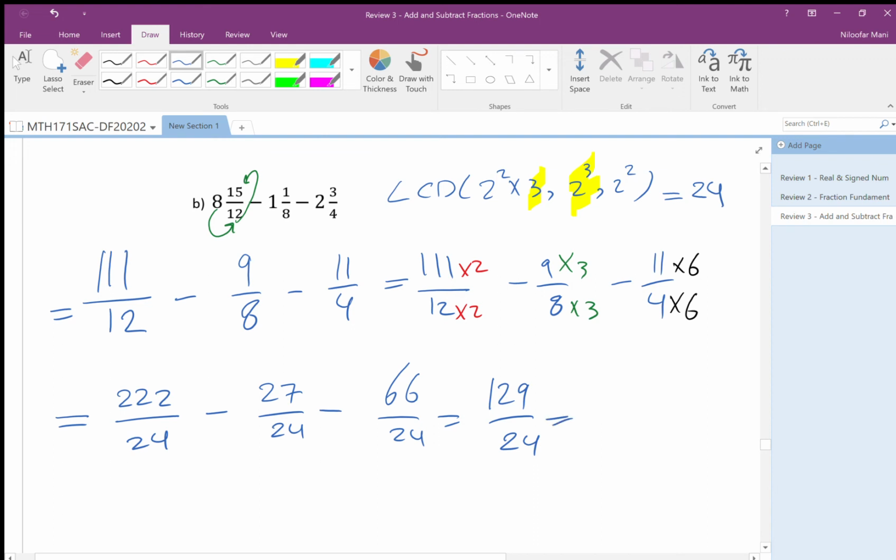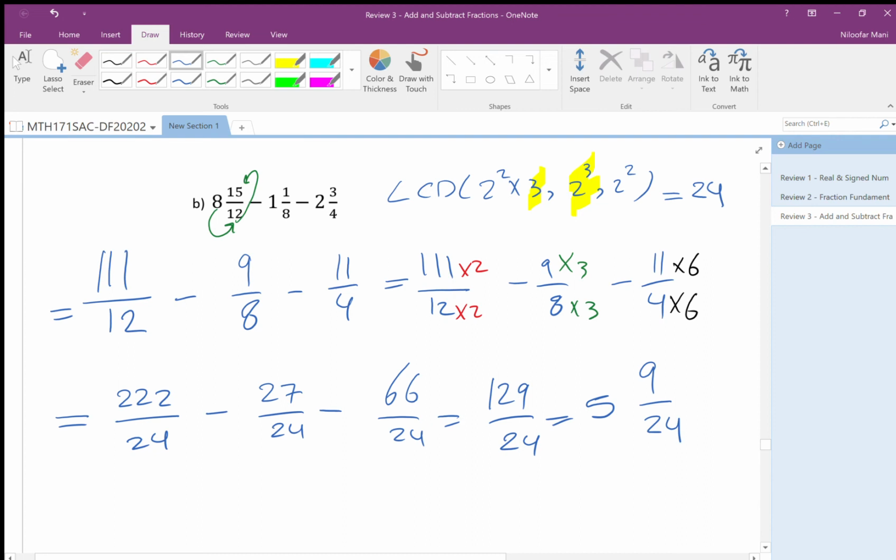How many 24 do we have here? 129 divided by 24, 5. So you have 5 there. Okay, and what is left then? 9 over 24.